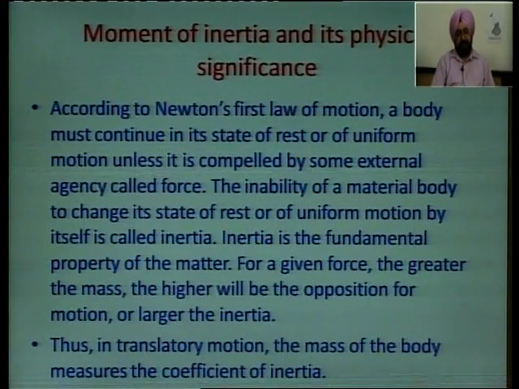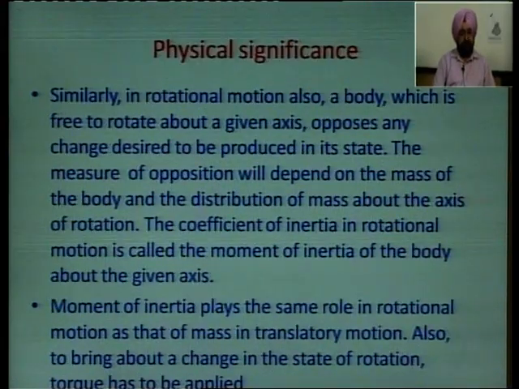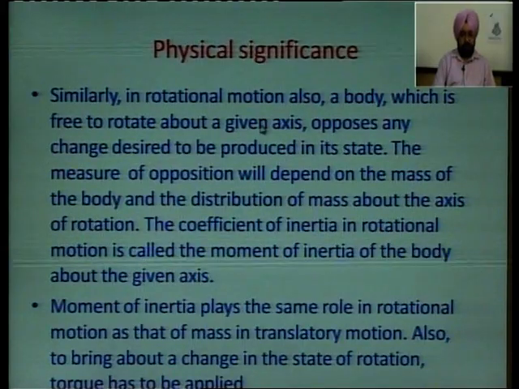And we had studied that the larger the mass of the body, the higher will be the opposition to motion, meaning higher will be the inability and larger will be the inertia. So in the case of translatory motion, the mass of the body measures the coefficient of inertia, whereas in the case of rotational motion, moment of inertia measures this resistance.